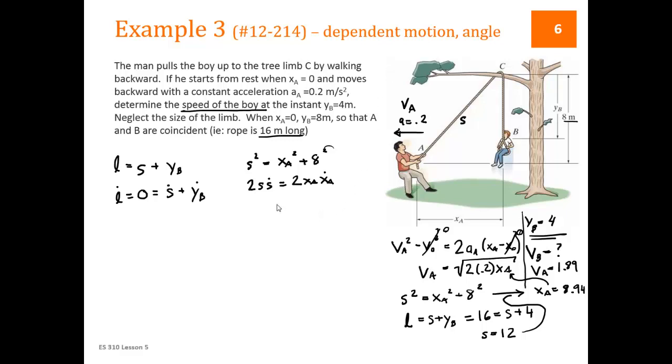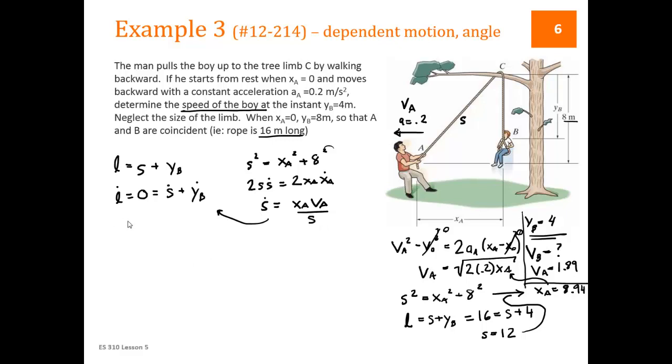Okay, so then we have, do we know S? So this is general. Now we have this specific situation over here, where YB is 4, VB is what we're looking for, VA is 1.89. So we can write S dot is equal to XA dot, which is VA, over S. Alright, so let's take this over into this equation.